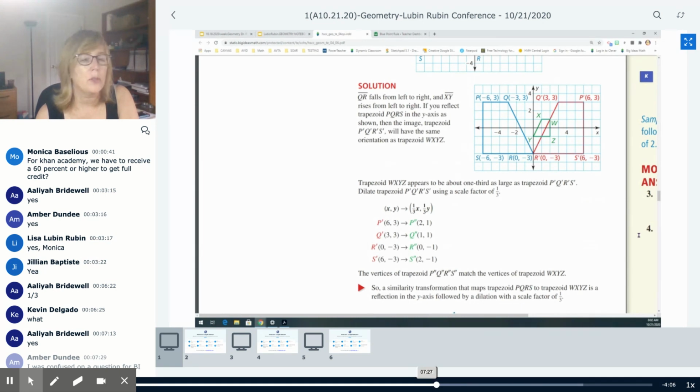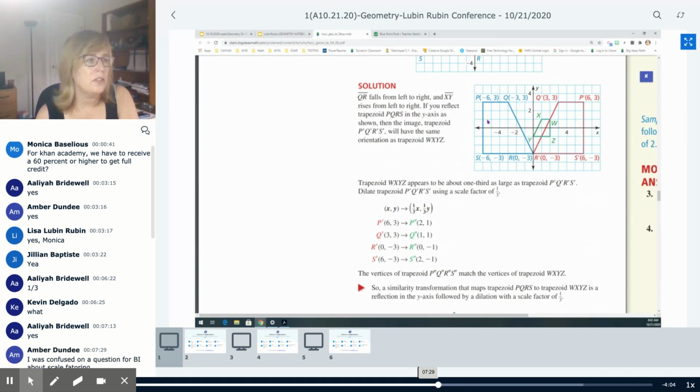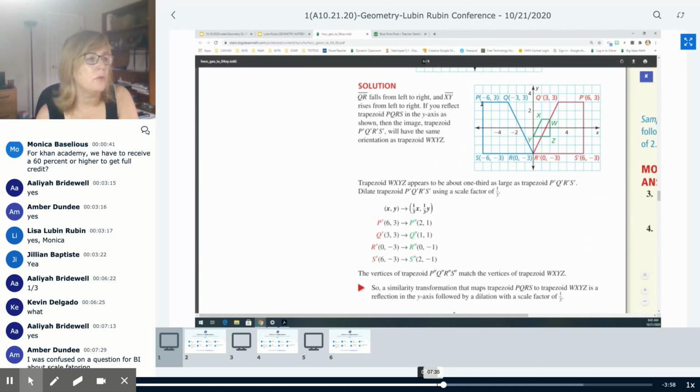All right, so when you're solving these, just look at them and see where you think it needs to go, and then pick a point, whichever one you want, and map it up to the point it goes on the other one.